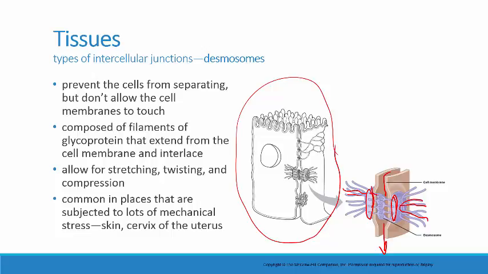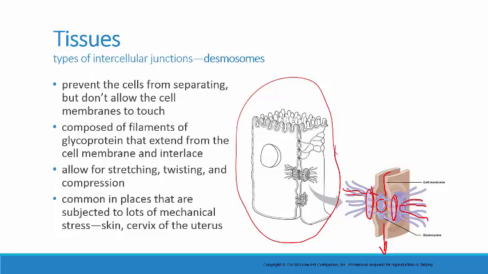And then these are the connecting proteins that reach out, and if you look close there, you'll see they're almost like fingers of two hands interlaced with each other, and it forms this very strong connection between the cells. But the connection can be twisted, it can be compressed, it can be stretched apart.